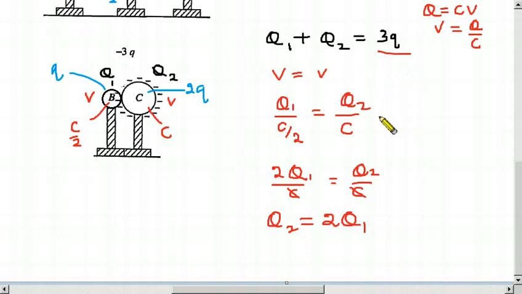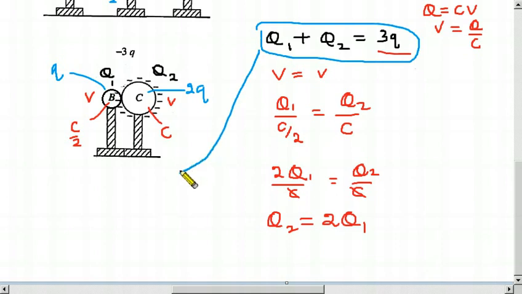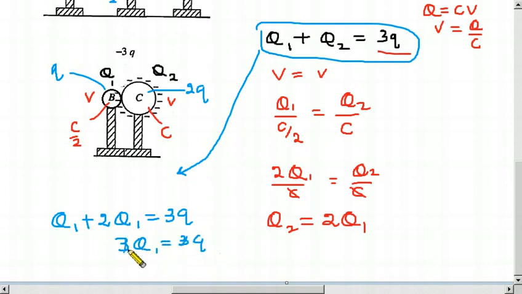Otherwise we can substitute this equation if you want to really calculate how to do it. Q1 we write as it is, plus Q2 which is 2 times Q1, equals 3 simple q. So 3 capital Q1 equals 3q, then cancel the 3, then Q1 equals 1q. So like that we can calculate.